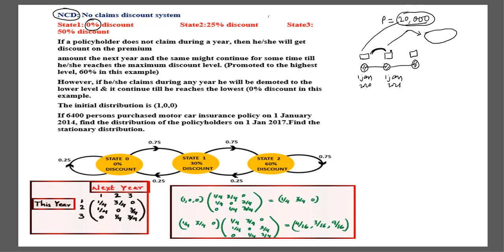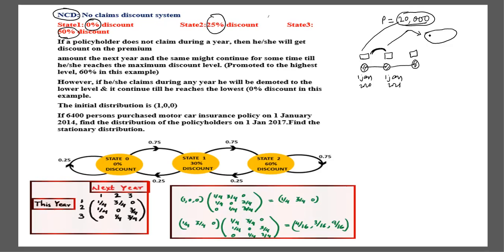They will rate you according to your driving experience. Suppose you didn't make a claim during the last year. Now you are on 1 January 2021. They will give you 25% discount, and then the next one is state 3, that is 50% discount. 25% discount means one fourth discount.